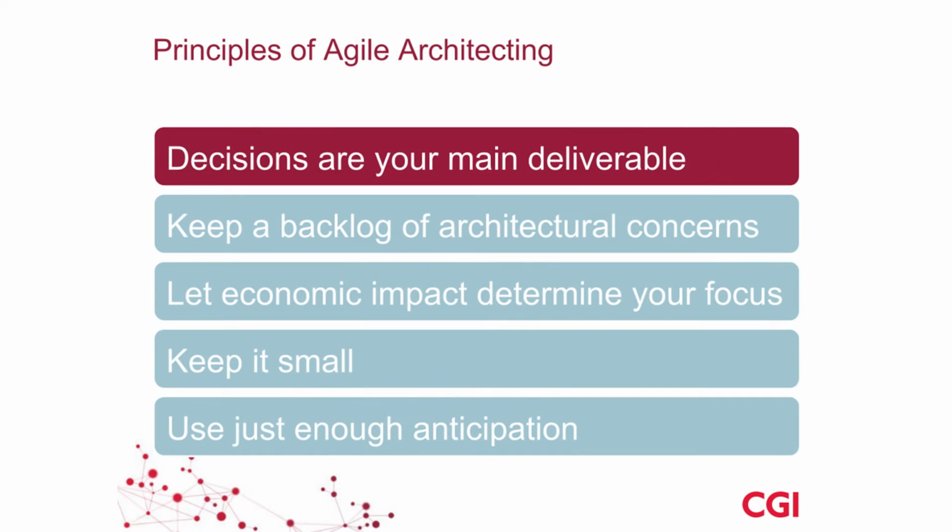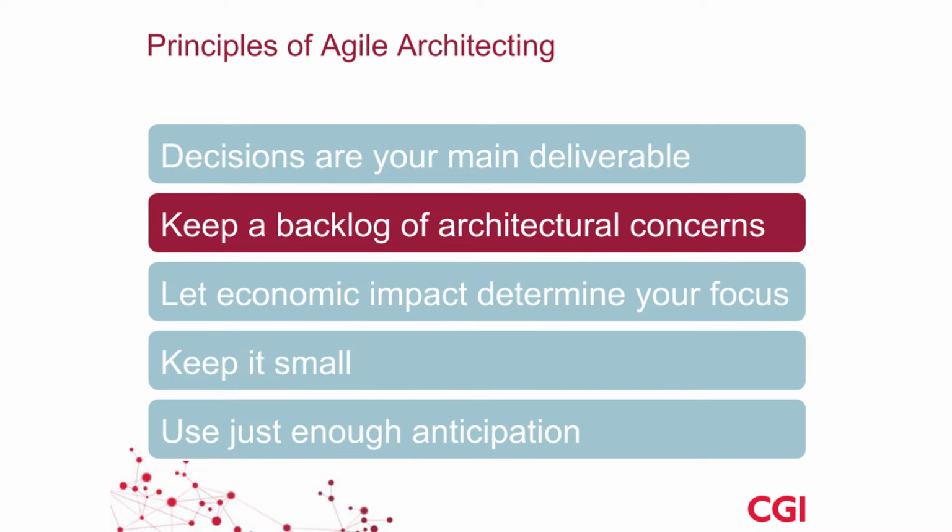The first one is that decisions are your main deliverable for an architect working in an agile context. And that's a bit of a change compared to what we used to say, which was that often architecture documentation was considered our prime deliverable, or the models that we made.